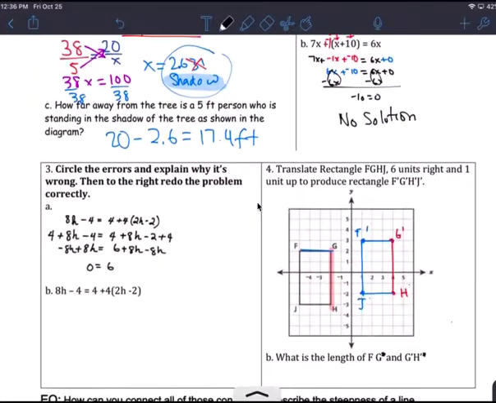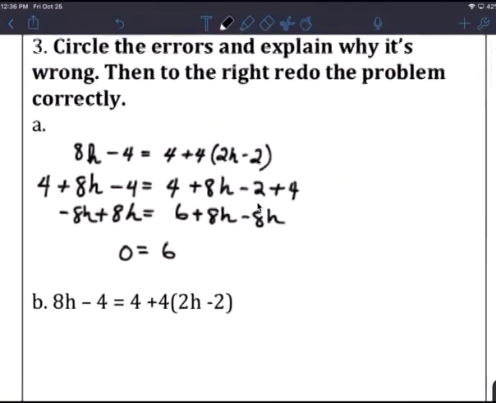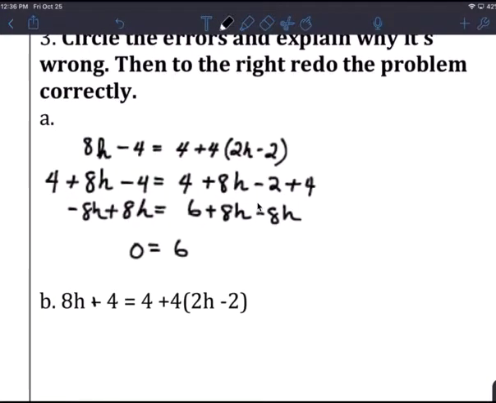Okay, in this one, make sure I typed it right. I did. Additive inverse. So you would distribute first: 8h plus a -2. So 4 times a -2 is plus a -8. Okay. Here's the answer. Oh, there's the error right here.